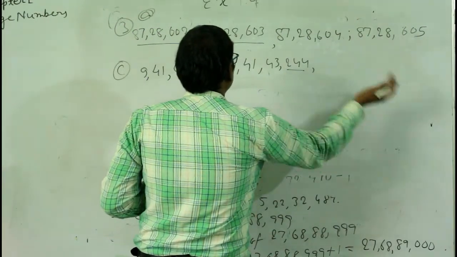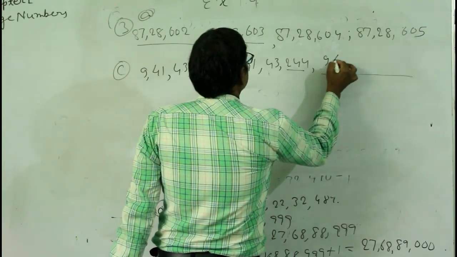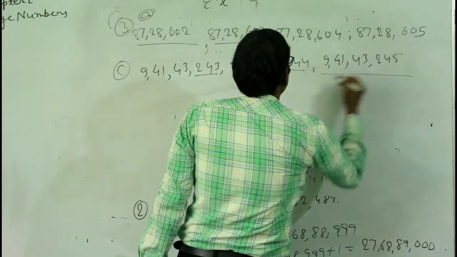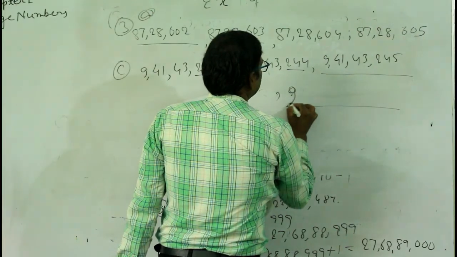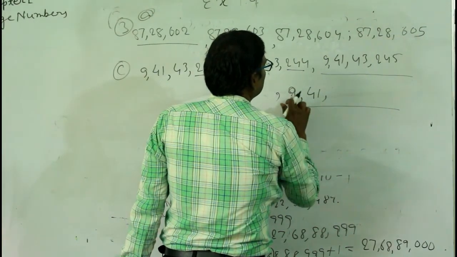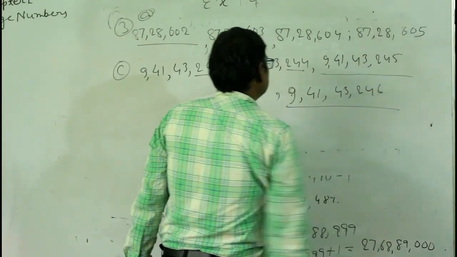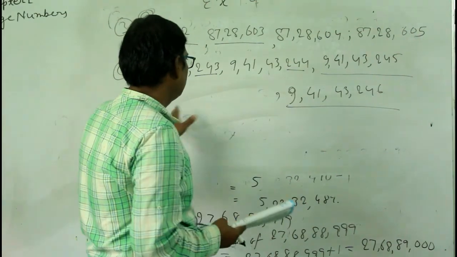The next will be 245, so the blank will be 9,41,43,245. And the next blank will be 9 crore 41 lakh 43,246. So that is the answer. Because all the numbers are changing by 1, you can fill up the blanks.